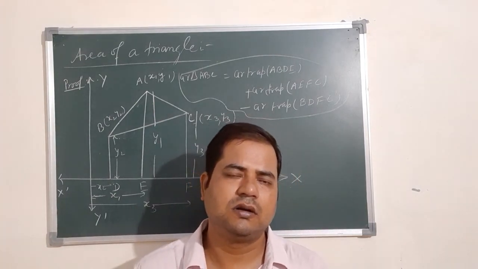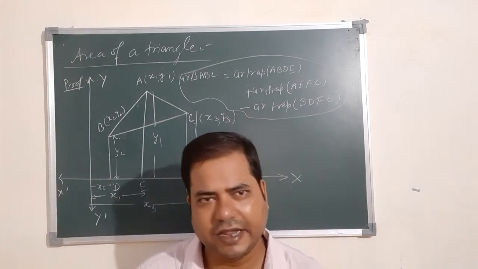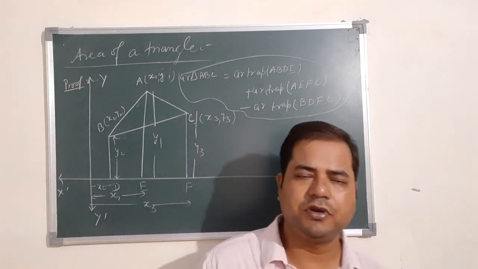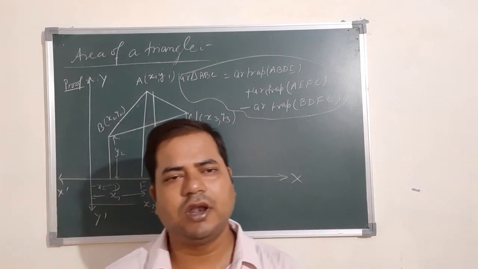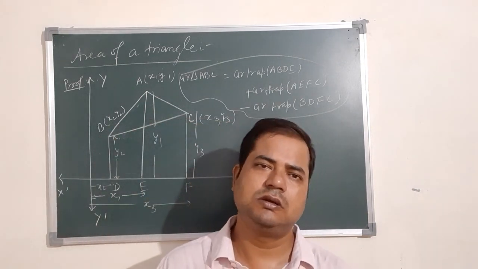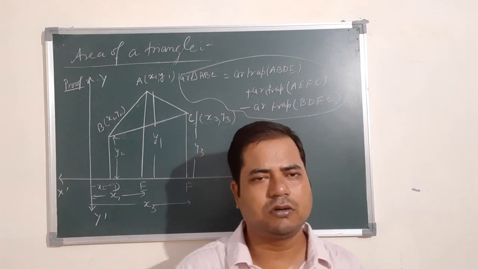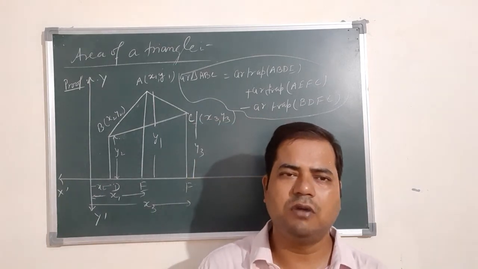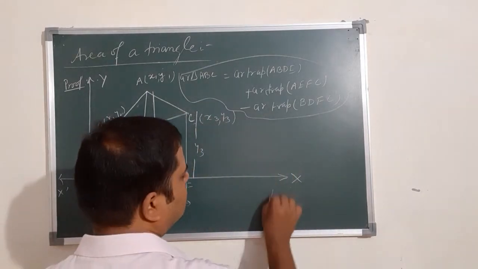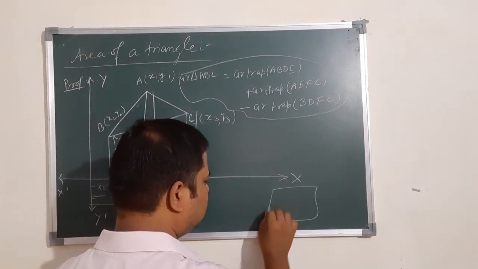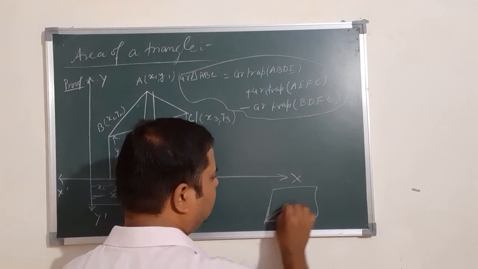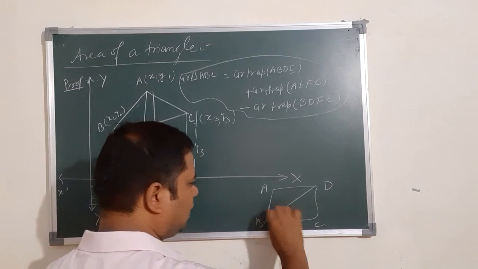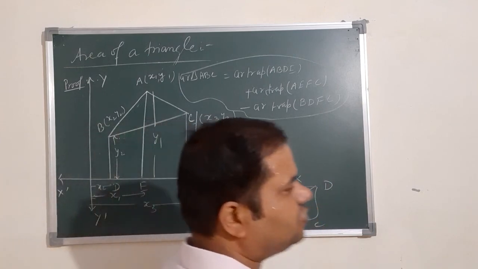This is the area of the triangle, and by using the area of a triangle you can find the area of any quadrilateral. Suppose you have to find the area of a quadrilateral, then you write the vertices of the quadrilateral and draw a diagonal, and it converts into the area of two triangles.